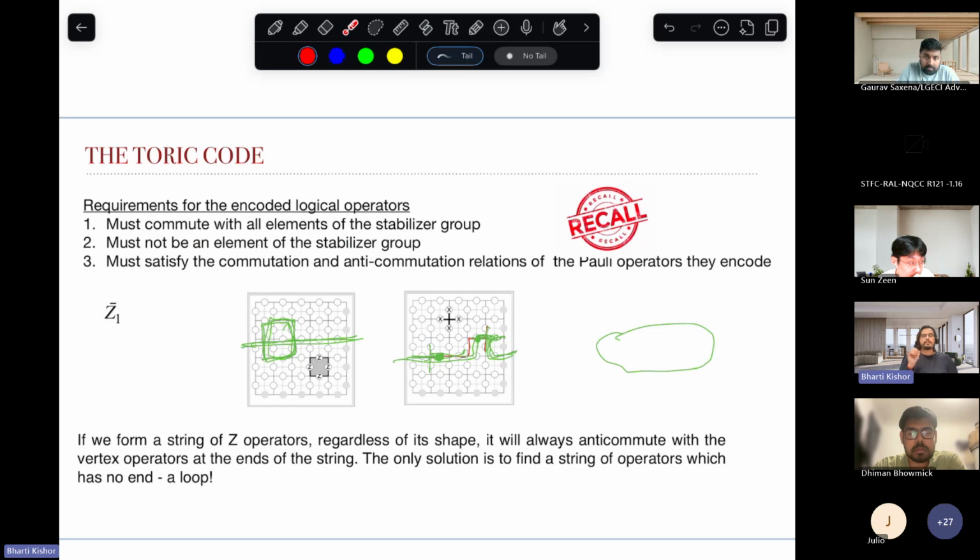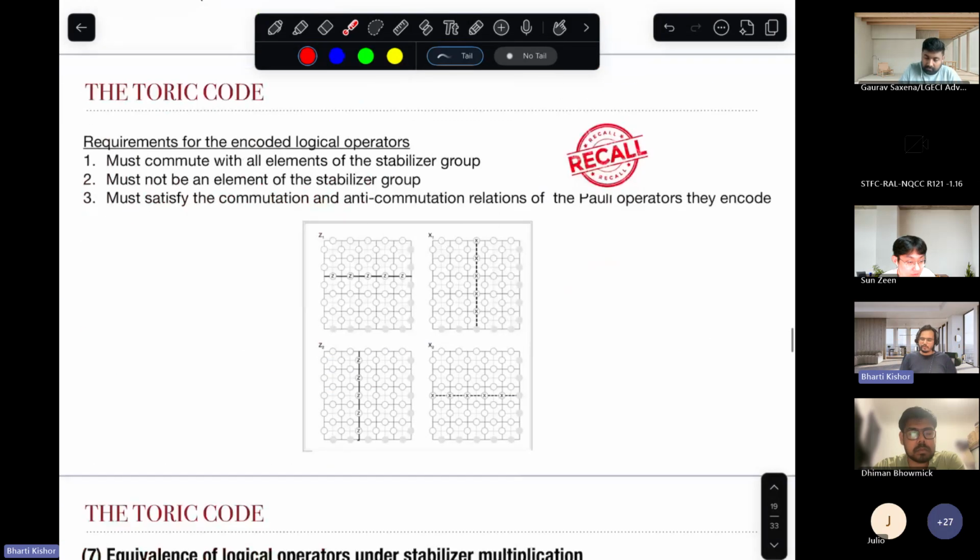A regular string is problematic because it will anti-commute with X. A trivial loop is problematic because it will be in the stabilizer group. You will be able to take the product of stabilizer generators and recover it. So the only solution you are left with is a non-trivial loop.